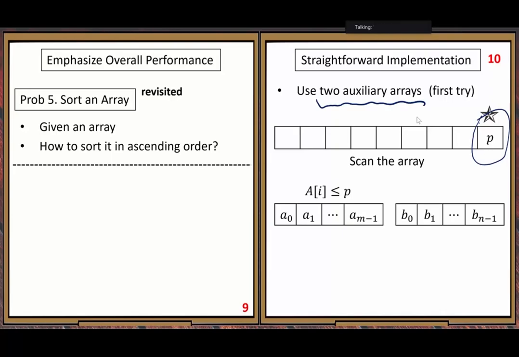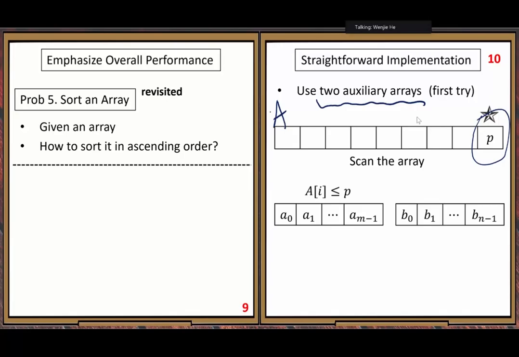When we scan, every time we pick the current element, we use an index variable going from 0 through n minus 2.